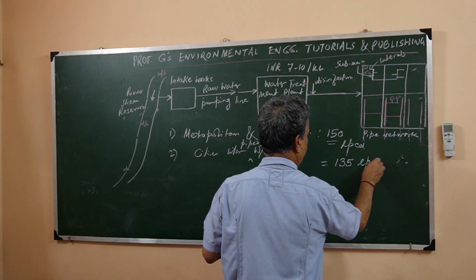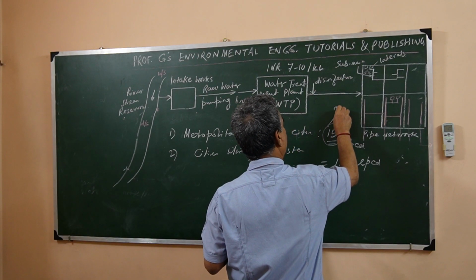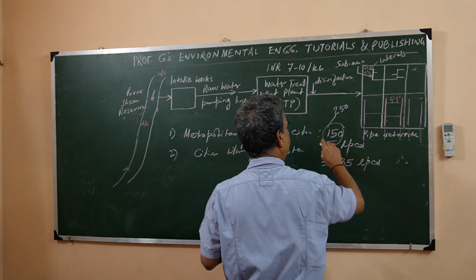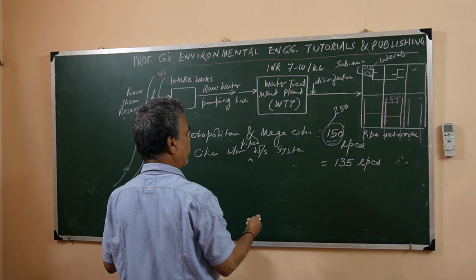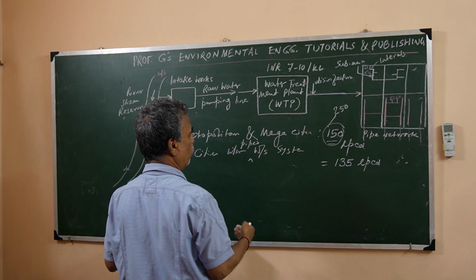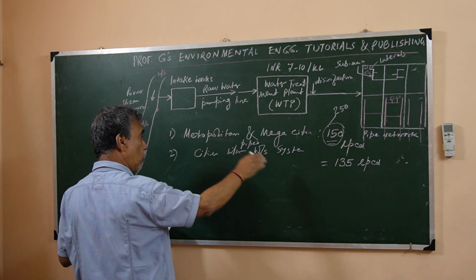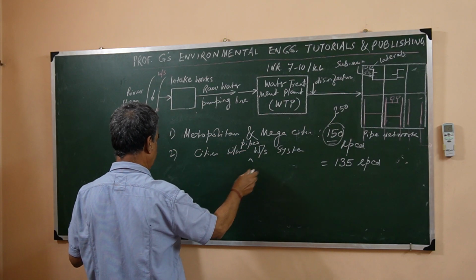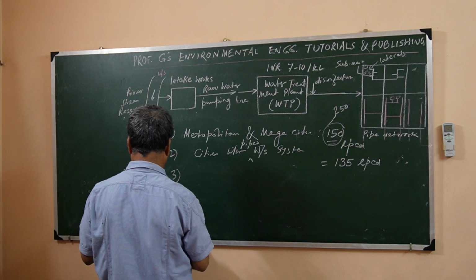This 150 sometimes may go as high as 250 also, depending on the nature of the city and its grade. These are all for Indian cities, or Indian urban and rural areas.